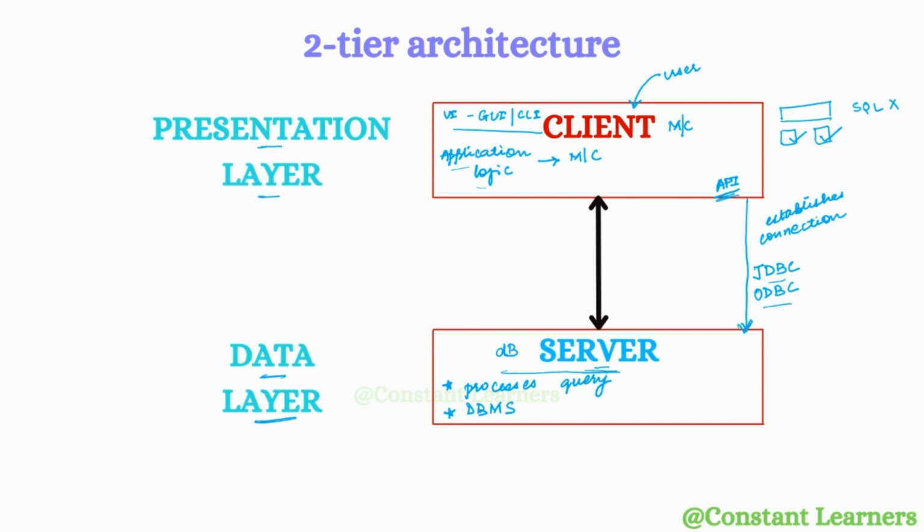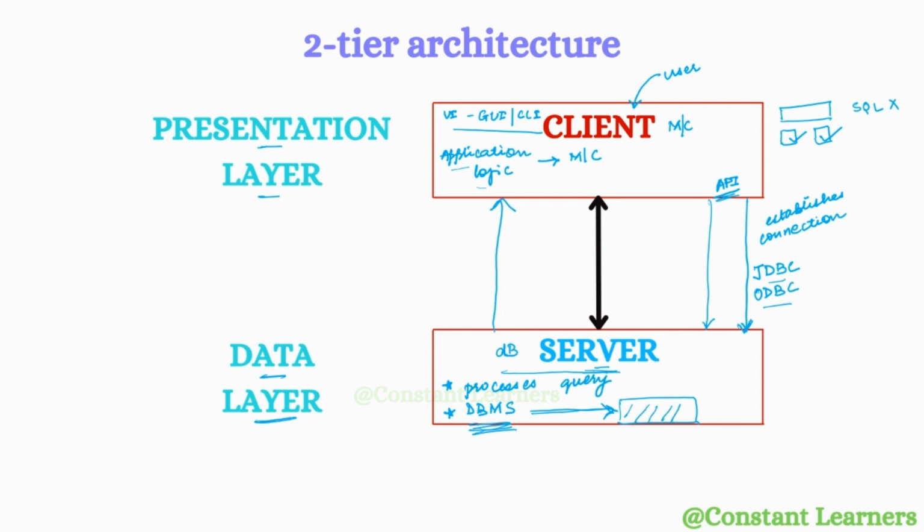Whatever request the client is making, the database server processes that request and fetches that data. So if I am requesting a particular data, this database management system will visit the database, look for that particular data and return it back to the client. If I am trying to store some data inside the database, then again the database management system will open the database, go to the particular table and store the data.